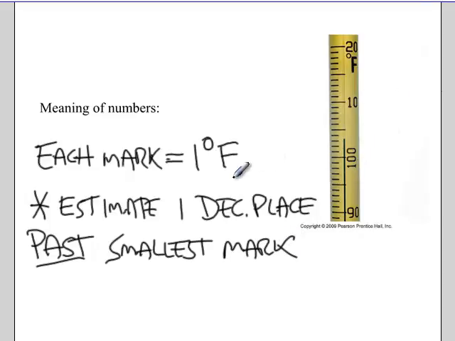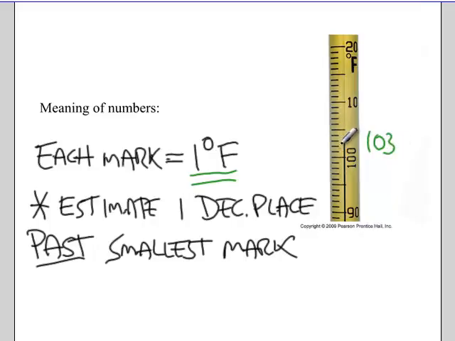So in this example, if we have marks to every degree, we have to estimate one place past that. And so if I estimate that this temperature is greater than 103 but less than 104, I have to look how far in between it is. If this was very close to the 103, I might read this as 103.1.